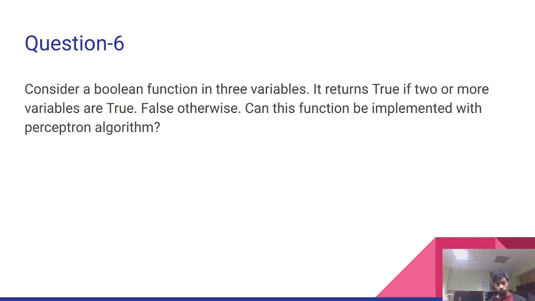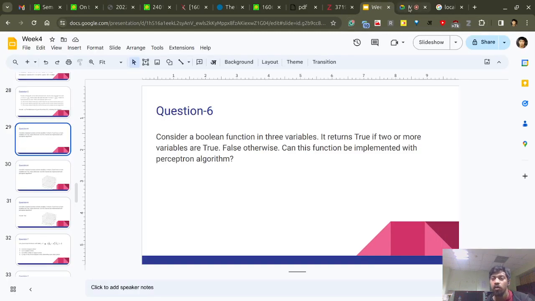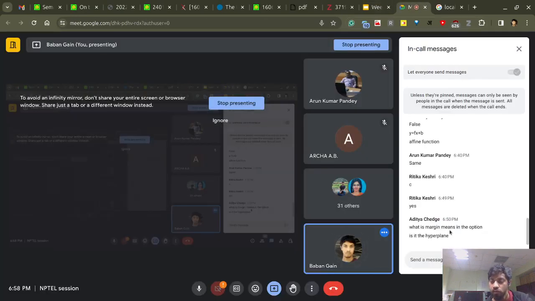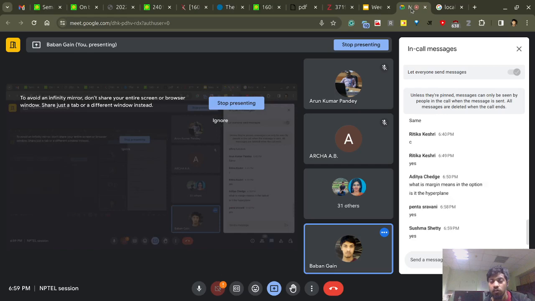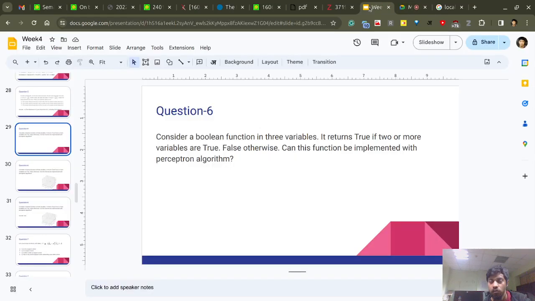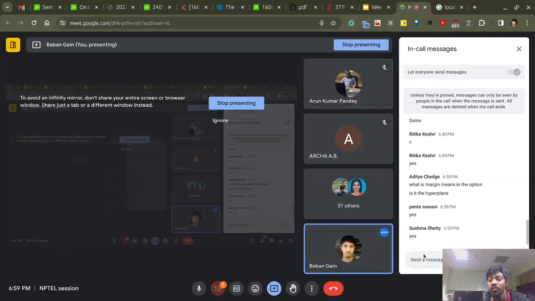Any answers? Yes, but why? Maybe. If you see the XOR function, it is not linearly separable, right?